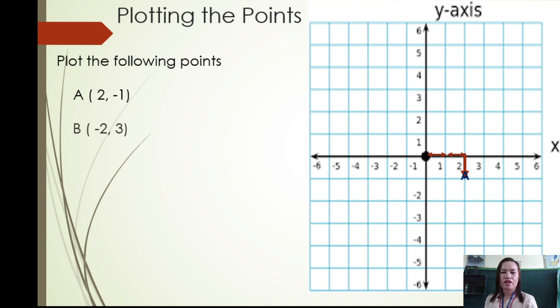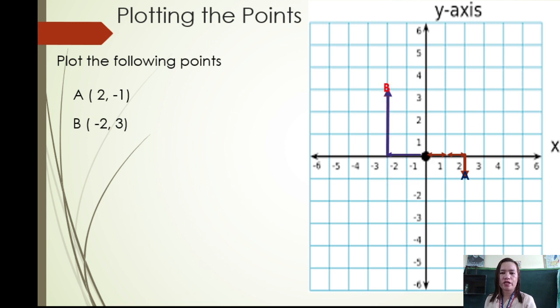For point B, the value of x is negative 2, so from the origin to the left. And the value of y is positive 3, so we need to go upward.